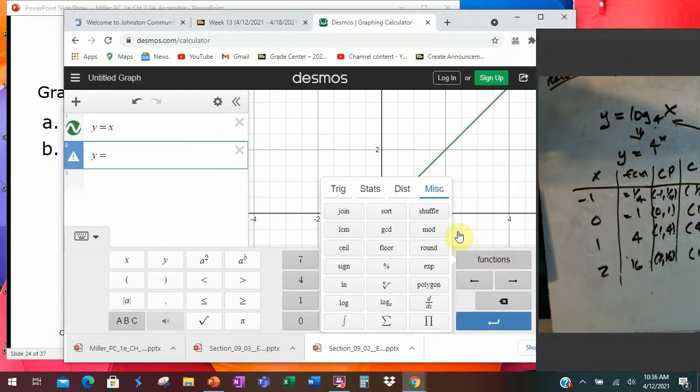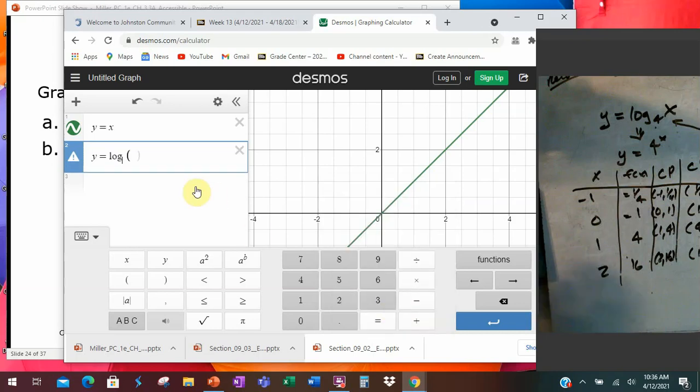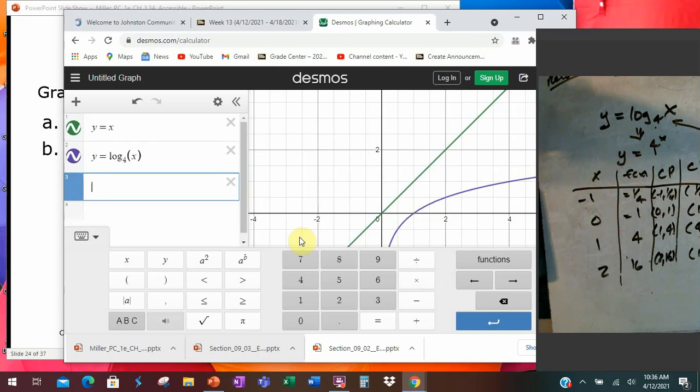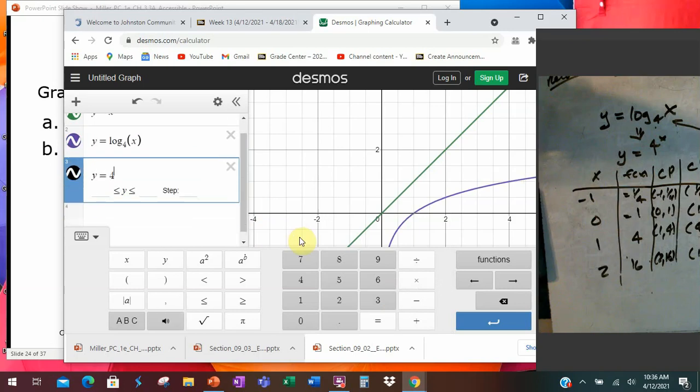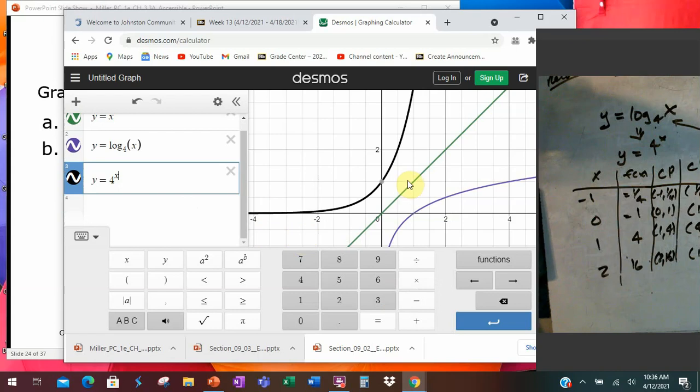Go to our functions. This was under our miscellaneous functions. Here was our log to base A. That's what we originally wanted to do. Here's our 4. Here's our x. And then our corresponding y is equal to 4 to the x.